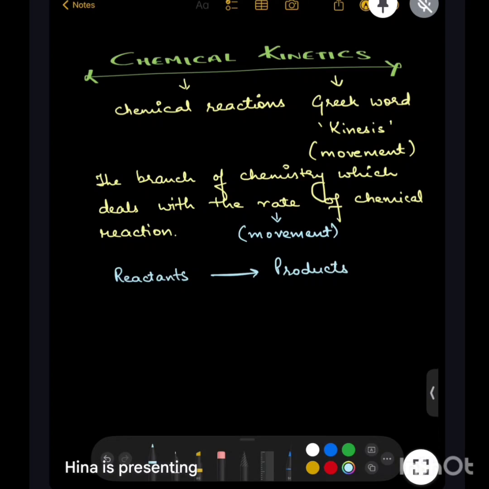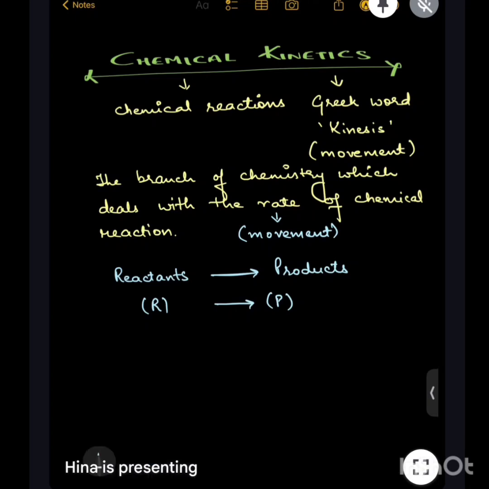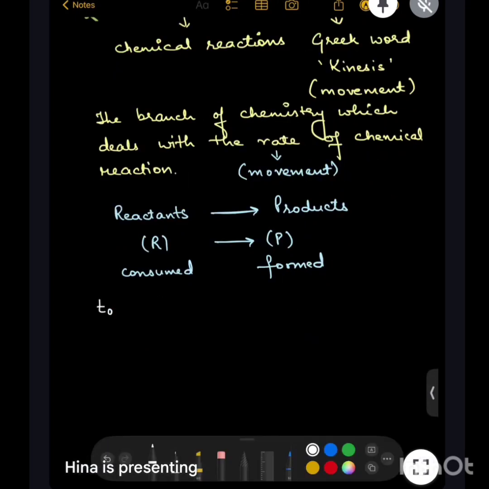So we can just represent the reactants with R and the products with P. We know with time the reactants are being consumed and products are being formed. At 0 seconds, we know there is no chemical reaction occurring, so there is no change in the concentration of the reactant or the product.